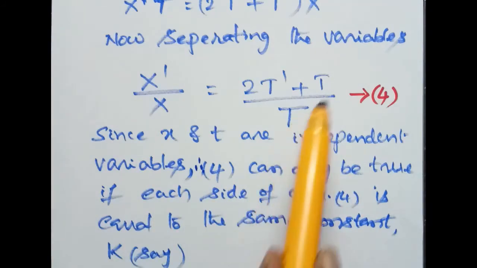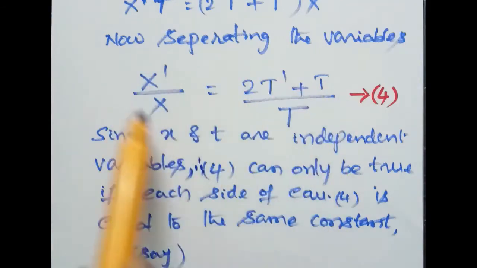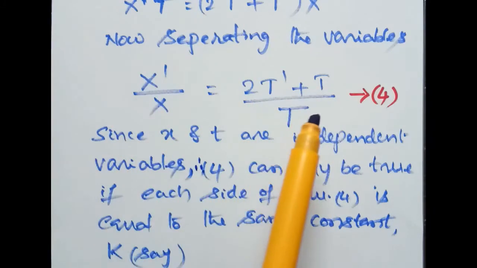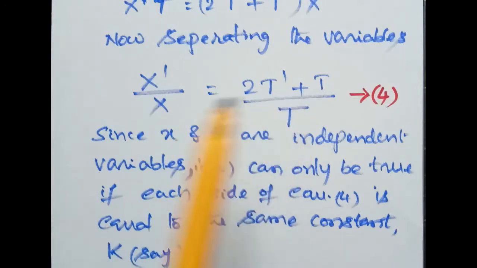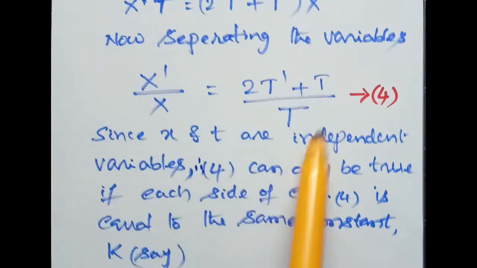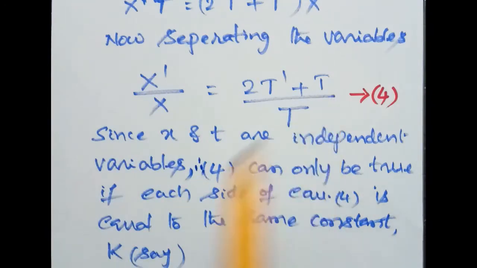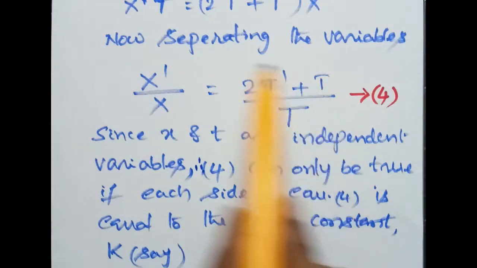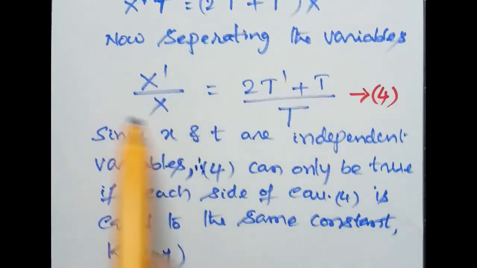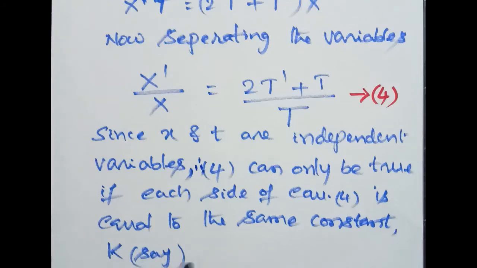So this ratio is equal if and only if these two ratios are equal to the same constant. Otherwise these two are not equal, so we have to assume that the constant is k, where k is a constant.